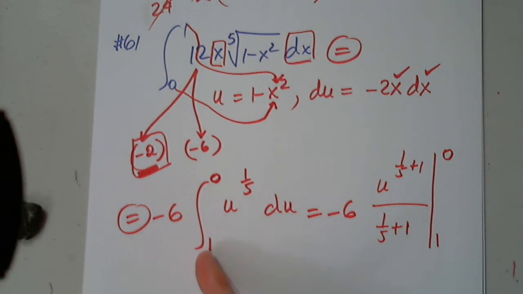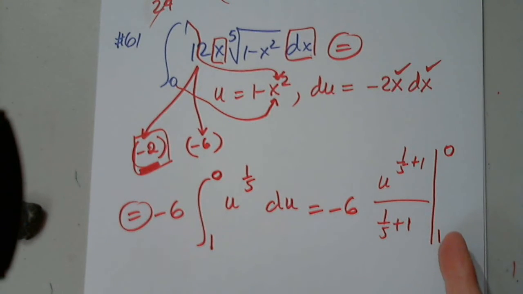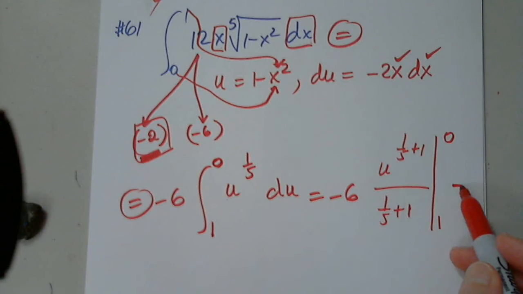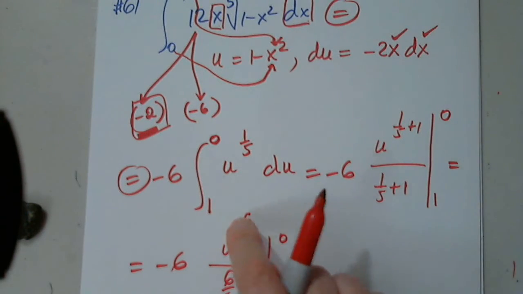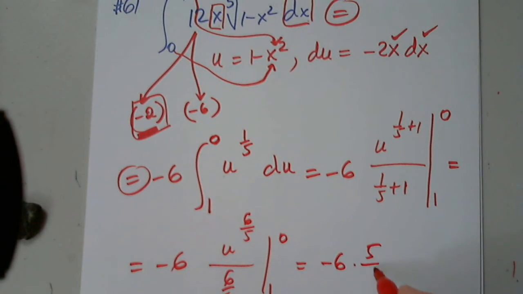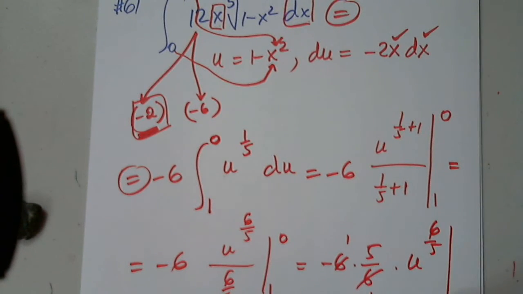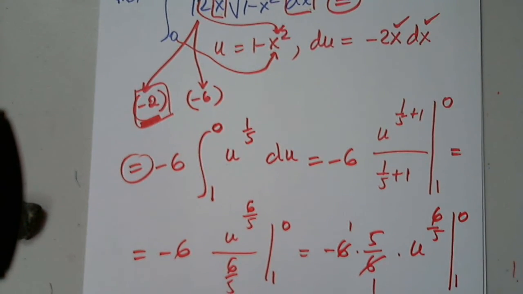This is a definite integral. We don't have c in it. We have to evaluate it, and the answer will be a number. So then, negative 6, u to 6/5 over 6/5 from 1 to 0. And I flip. Negative 6 times 5 over 6, the 6 will go away, times u to 6/5 from 1 to 0.